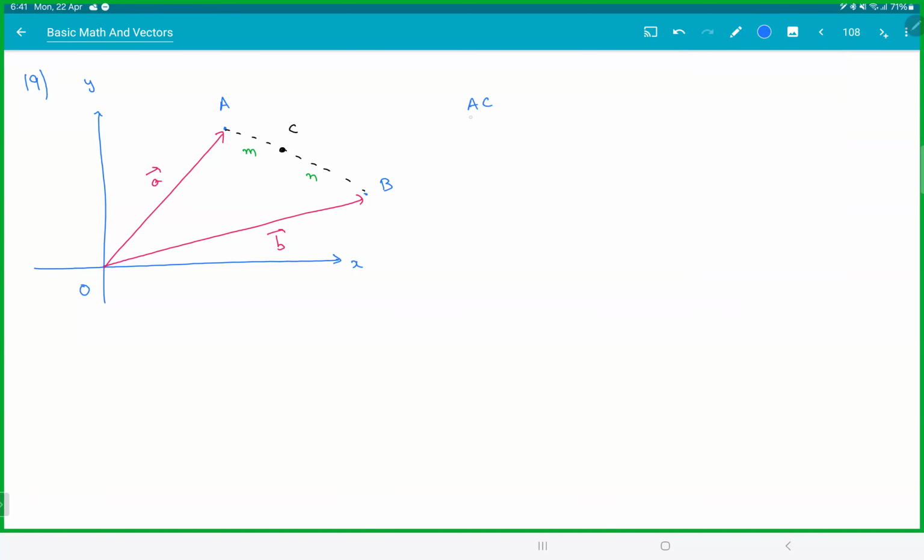That is AC by CB is m is to n. Basically, point C divides A and B in the ratio of m is to n. So using this data, find OC bar.